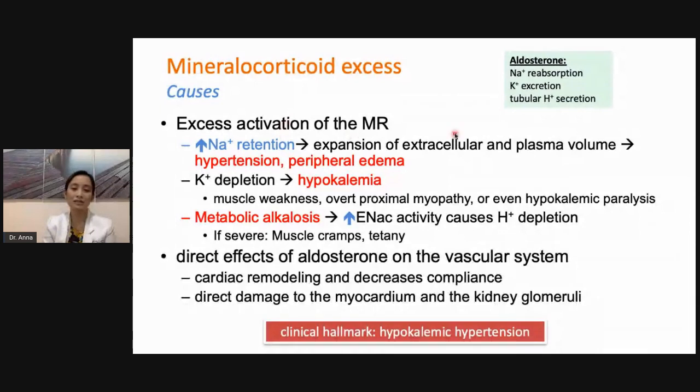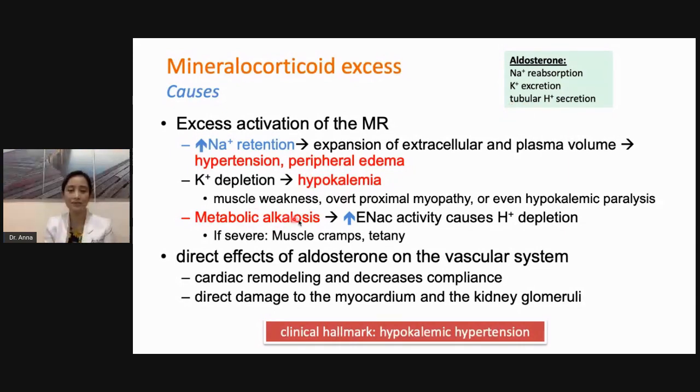And since you can also have potassium depletion because of excessive potassium excretion, resulting in hypokalemia. Patients present with muscle weakness, overt proximal myopathy, or even hypokalemic paralysis. And since remember your aldosterone causes tubular acid secretion, if you have excess of that, you will have metabolic alkalosis.